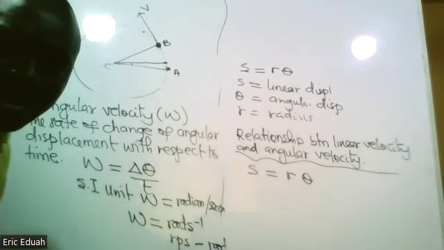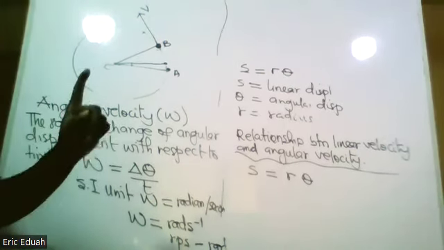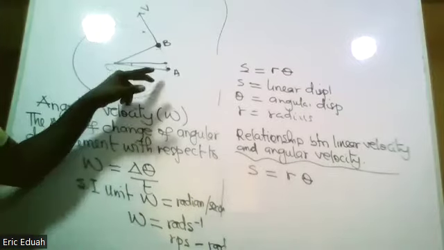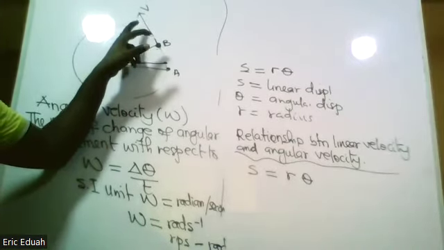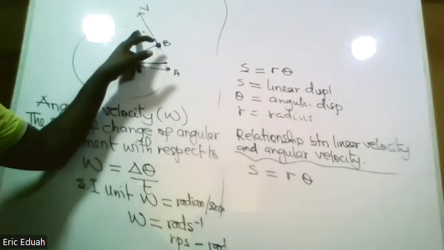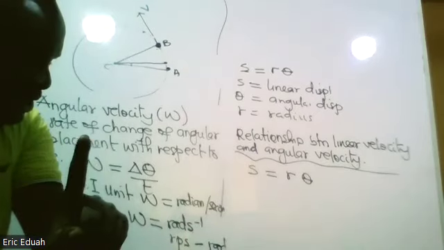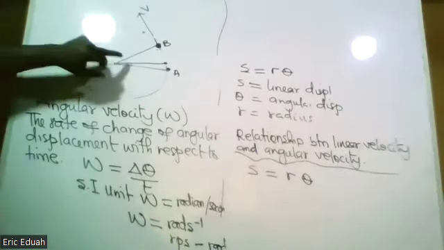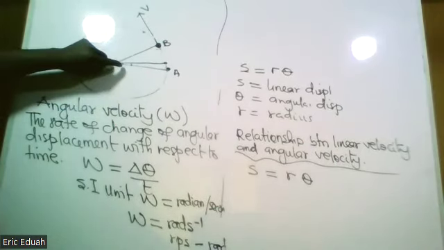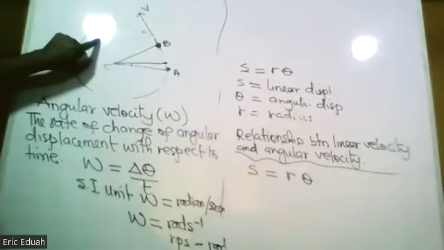Linear velocity. Then, as a result of the change in the angle swept by the radius with time, what do we have?